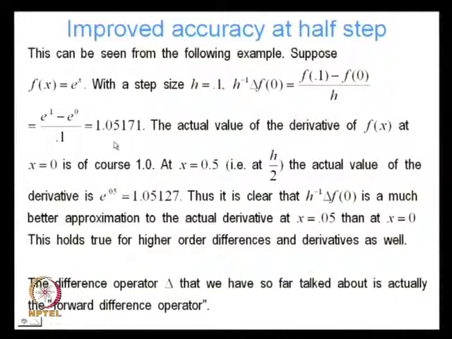I mean, it's 5% off, right. So it's 1.05171 and here it is 1, right. But instead of evaluating it at 0, if I evaluate the derivative at, this should be 0.05, that is at h by 2, my step size is h, right. So evaluated at the midpoint of the step size.